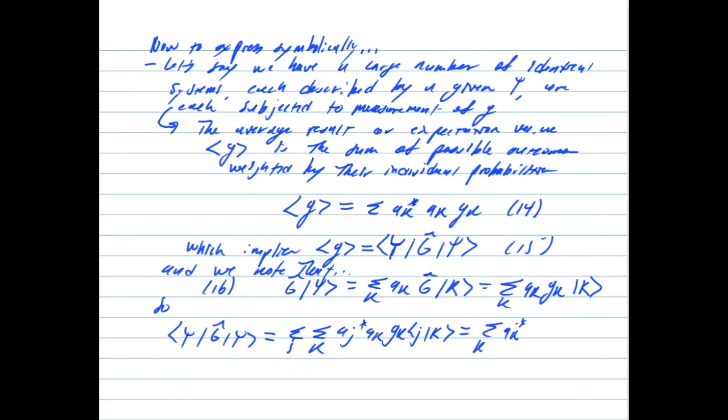In other words, we can conclude by expressing the expectation value with two sides in a bracket being operated on by the operator capital G hat.